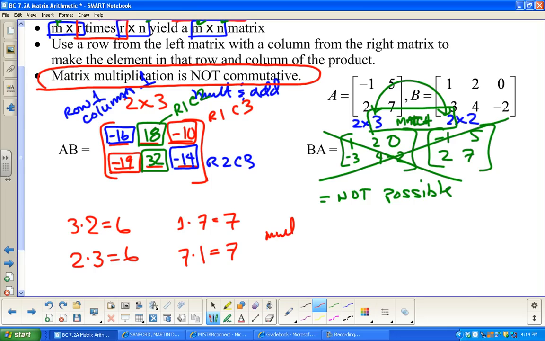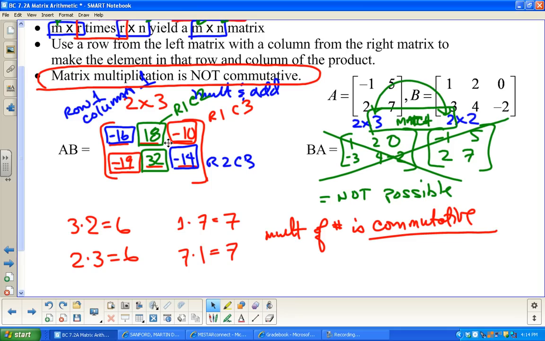Multiplication of just numbers, any kind of numbers, is commutative. You switch the order, you get the same answer. Not true for matrices unless you have a very specific situation happen. So matrix multiplication is not commutative, and you can see that by seeing AB and BA don't give you the same answer.